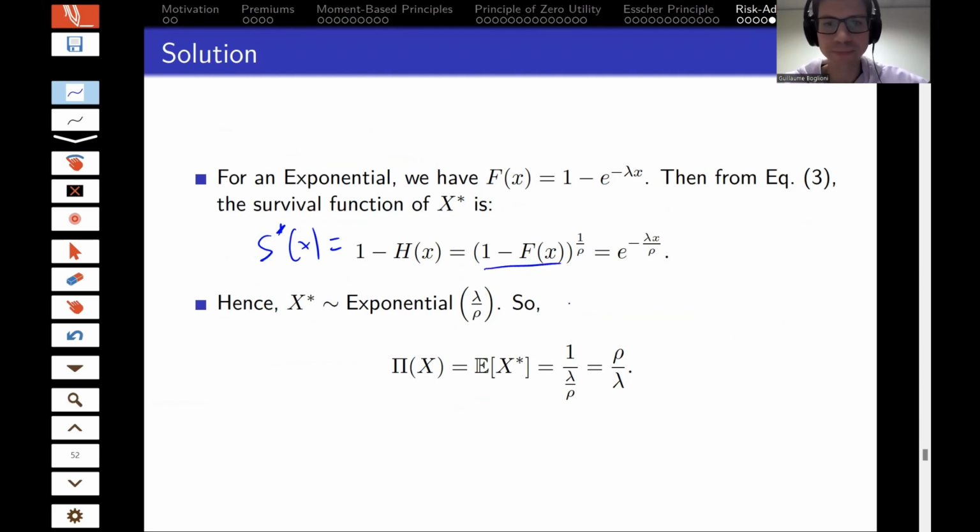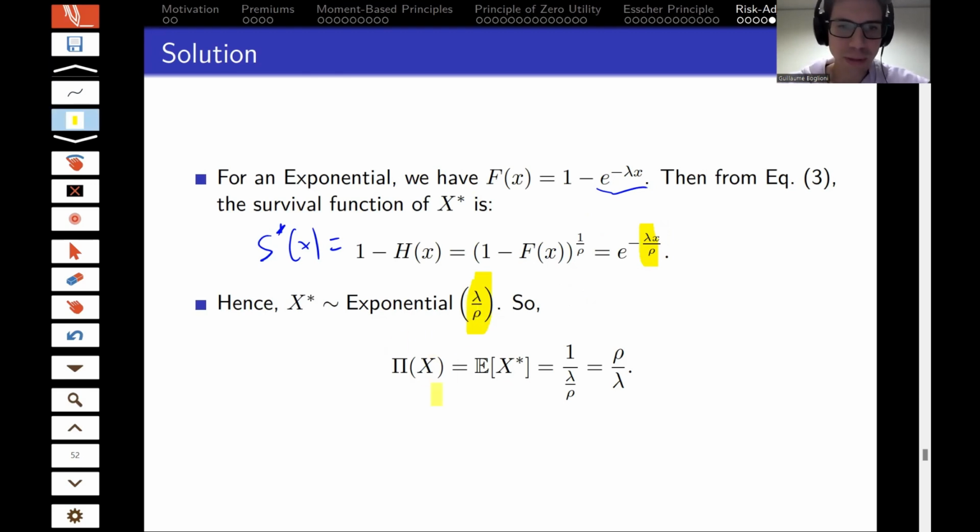But of course, you know that for the exponential, 1 minus F of x would be just e to the minus lambda x. Of course, you take it to the power of 1 over rho, and you recognize that this is the survival function of a new exponential with parameter lambda divided by rho.